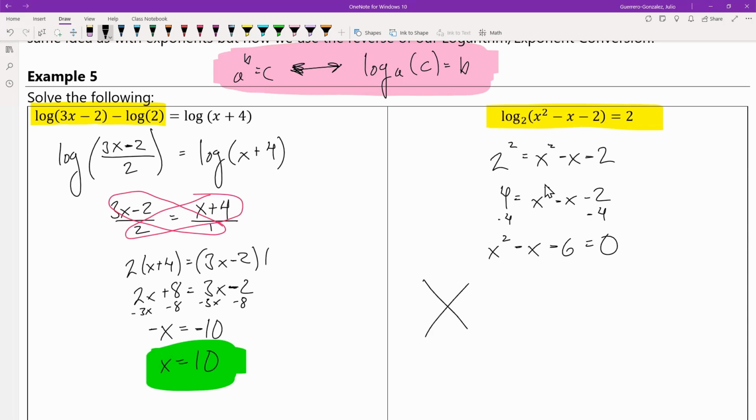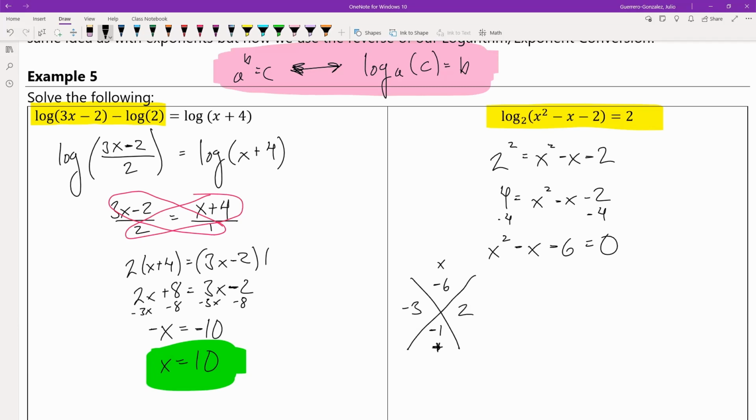If you remember from back in the day, this is a diamond method thing. Times up top, plus at the bottom, so times to minus 6, plus to minus 1. Two numbers that multiply to negative 6 but add to negative 1: negative 3 and positive 2.